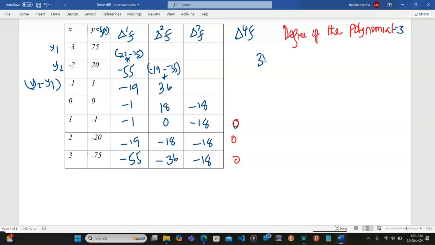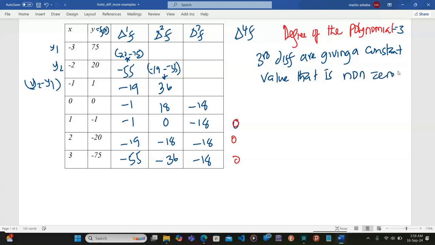So because the third differences are giving a constant value that is non-zero, in other words, these zeros are also constant, but they are zeros.